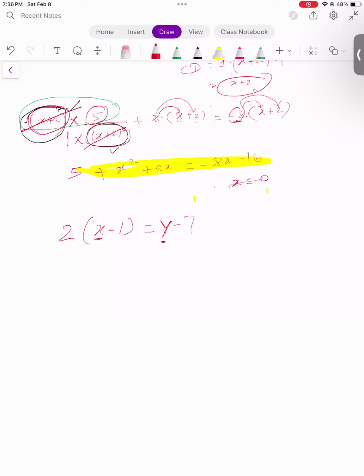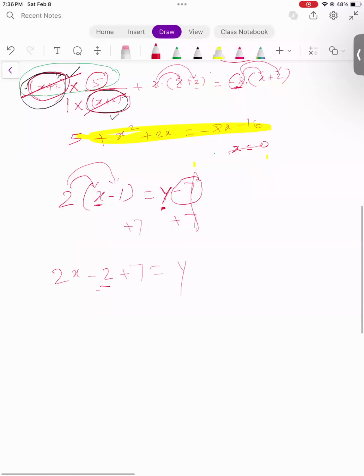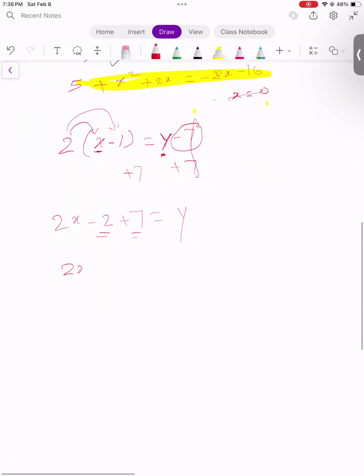So we have negative 7 with y, so we need to get rid of this negative 7. You add 7 on both sides. You can distribute and simplify here: 2 times x is 2x, 2 times negative 1 is negative 2, positive 7, equals 0 plus y. So we have like terms here: 2x plus 5 equals y.